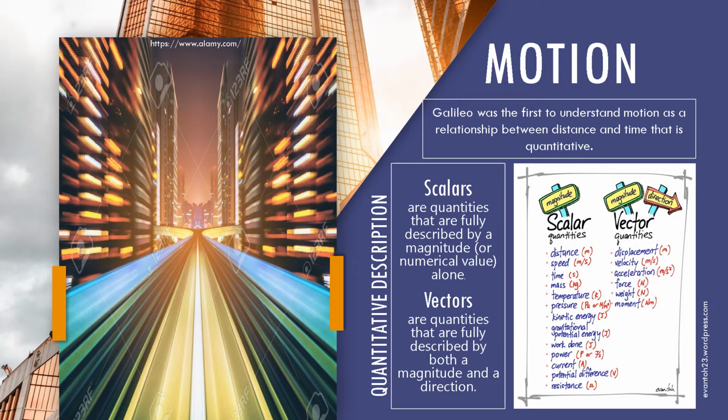So we have here different examples of scalar quantities and vector quantities. But the ones that we need for this lesson are distance, speed, and time, which are under the scalar quantities. Then, we also have the displacement, velocity, and acceleration, which are included as vector quantities.